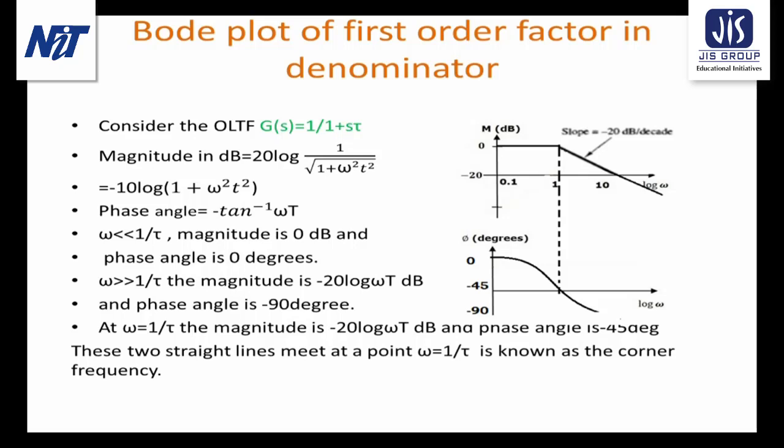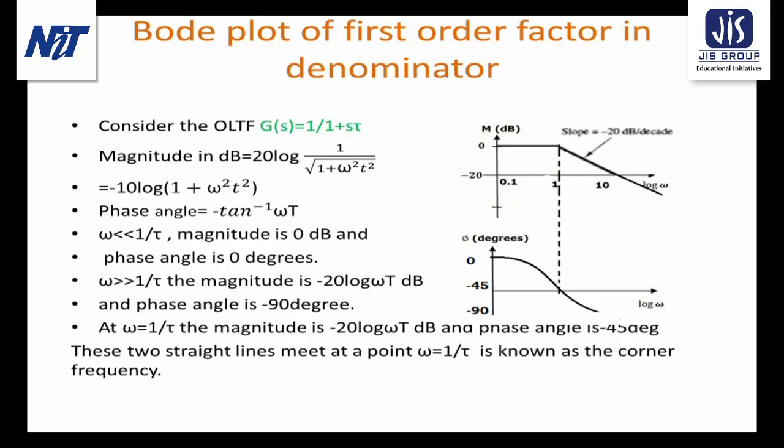Those plots are not exact, especially near the corner frequencies, and the exact plots can be obtained by doing the necessary correction near the corner frequencies. So here, the line I have drawn is the approximate curve. This is the Bode plot of a first order factor in the denominator.